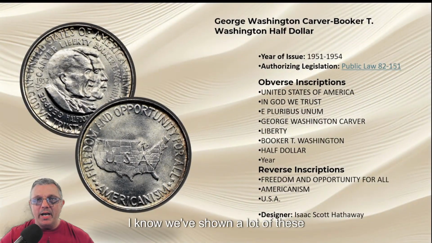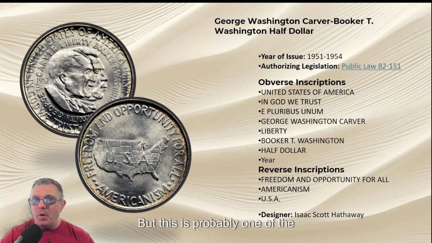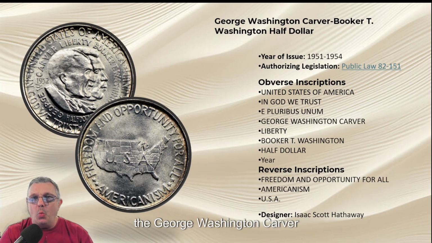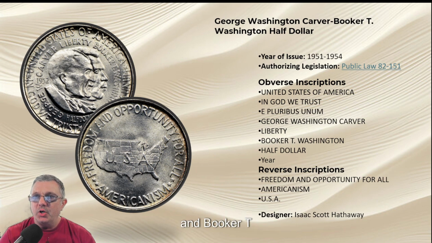I know we've shown a lot of these, but this is probably one of the coins I have to say really let me down. Now, this is a very popular one. This is 1951 to 1954, the George Washington Carver and Booker T. Washington.